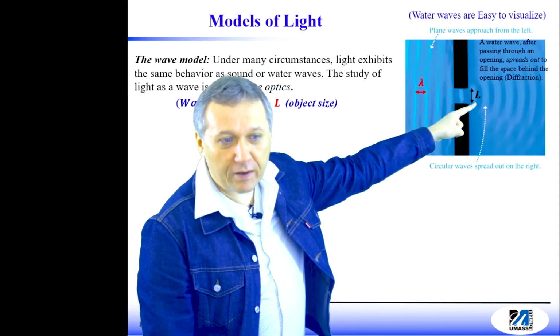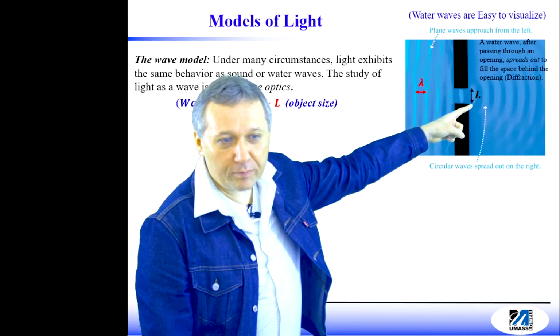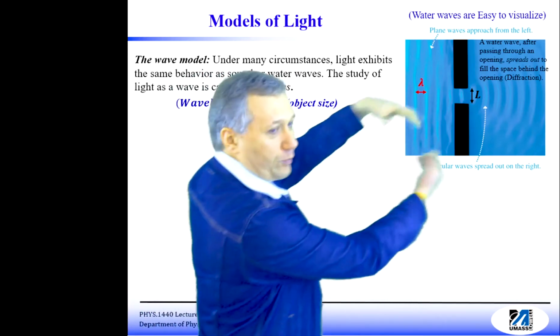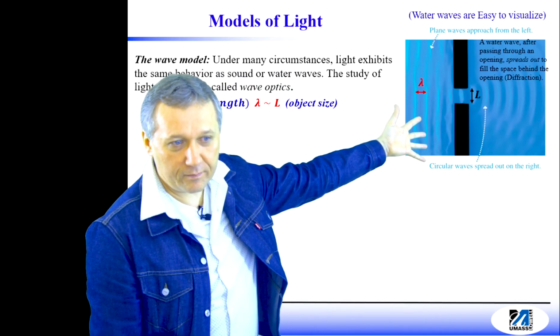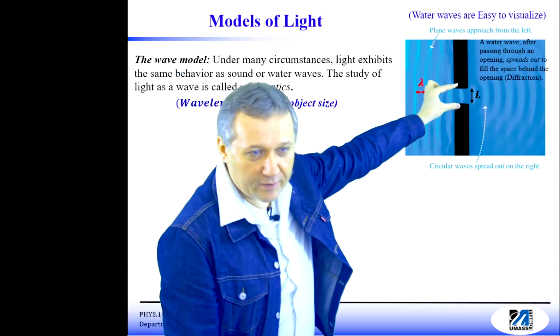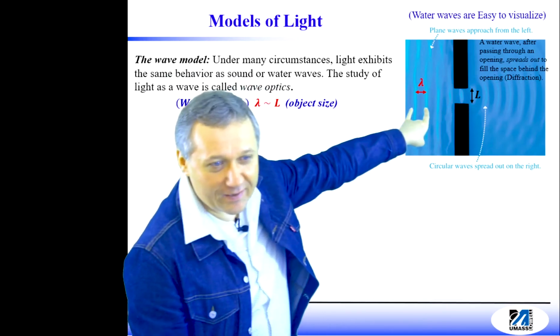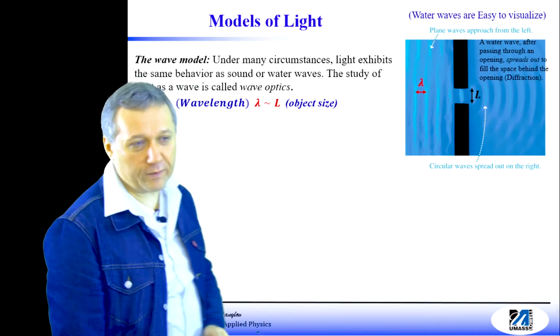And you see what happens after the opening? We no longer have plane waves, but circular waves again. You see they're spreading. It's a diffraction effect. Why? Because the size of the opening, basically our object, and the wavelength are comparable. So we have pure wave phenomena.